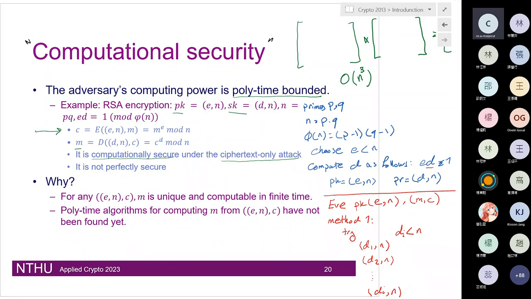So in some scenarios the information has a timestamp, and after some time it is of course not valuable anymore. This notion of computationally secure becomes very attractive because the crypto systems we can design here have very attractive properties, letting us do a lot more than just simple encryption and decryption.